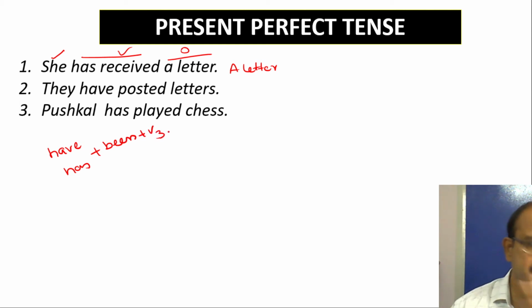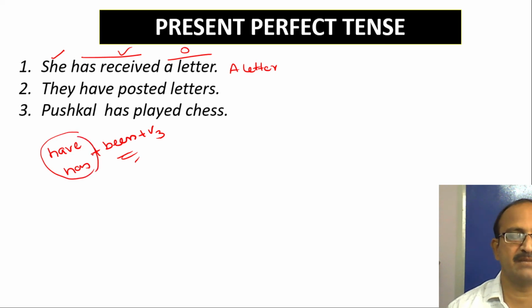In the continuous tense model, I used being. In this perfect tense model, we have to write been. So the helping verbs in this model are have and has. In the previous one, they were is, am, are.